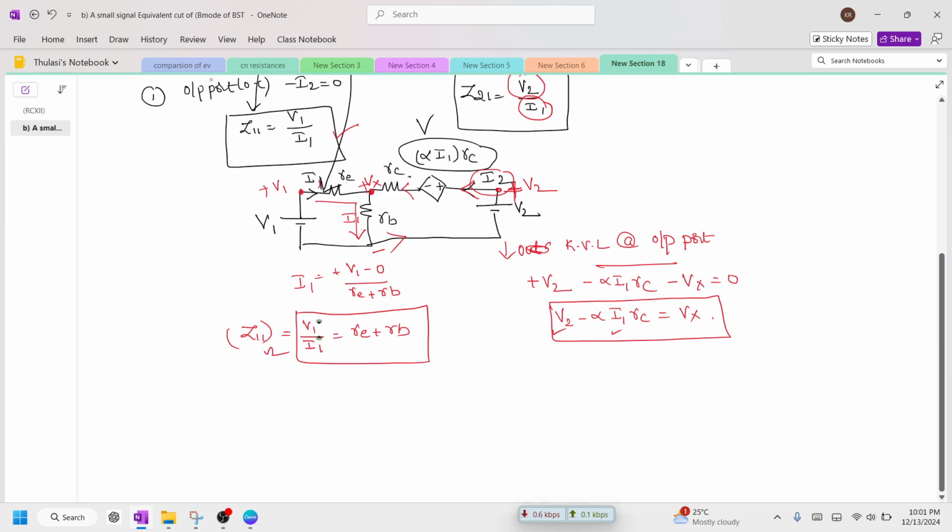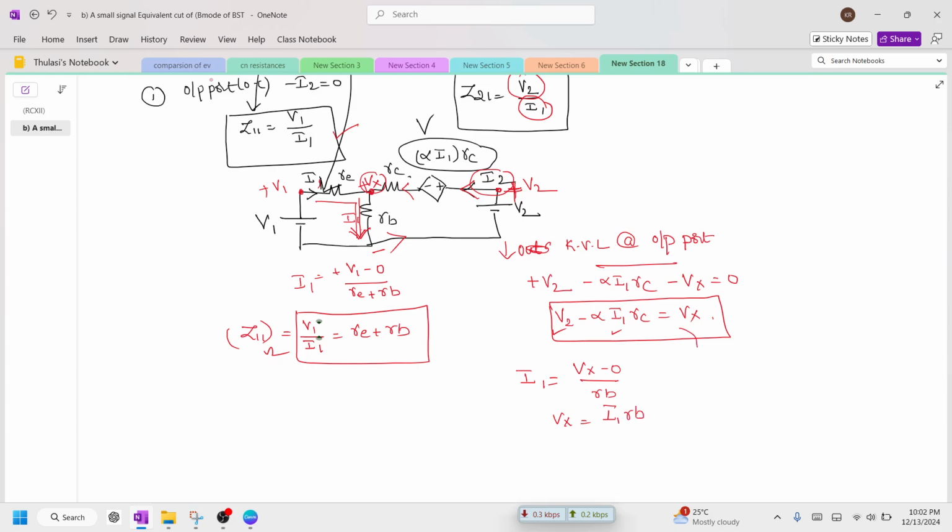Okay, I can link Vx as the current flowing in this branch is I1. So I1 with respect to Vx I'm writing. So I1 is equal to Vx minus 0 divided by RB. So therefore, Vx is equal to I1 RB.